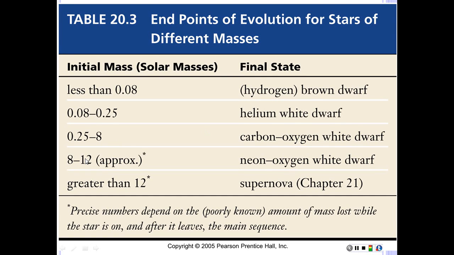Above about 8 solar masses, actually this is a kind of gray area, somewhere between about 8 and 12, you still don't go to having a neutron star. When you burn carbon, you may make oxygen, and then you burn oxygen and you make magnesium, and then you burn magnesium and you get neon, and so on, which is beyond the scope of this course, but I can talk to you about it.